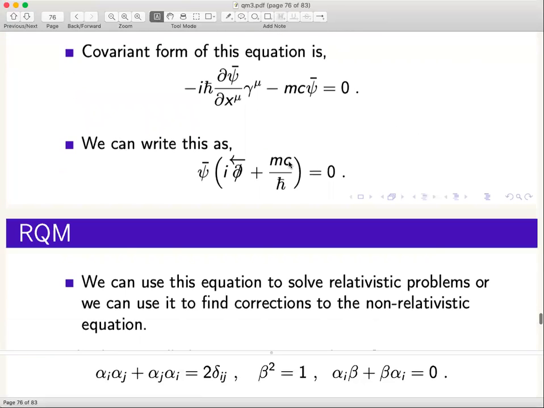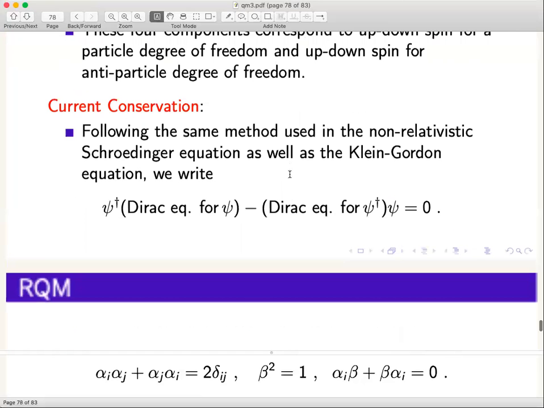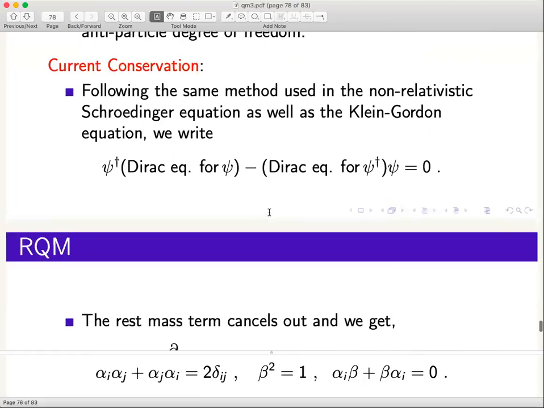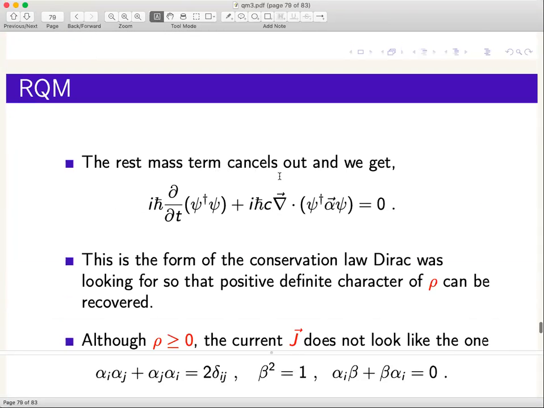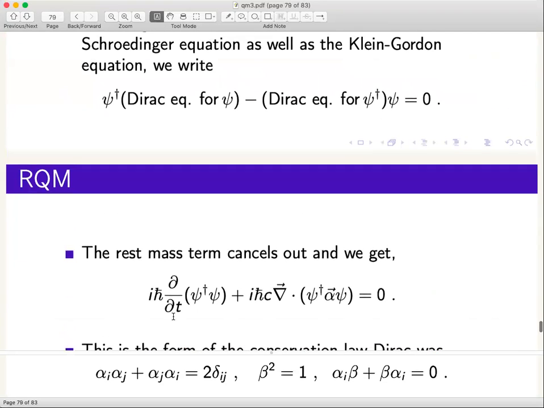What you would find is that the rest mass piece would just cancel out, and what you have is a piece involving the time derivative and a piece involving the spatial derivative. Those 2 pieces you can collect and write as total derivatives. By total derivative I mean del t acting on psi dagger psi and nabla acting on psi dagger alpha psi.